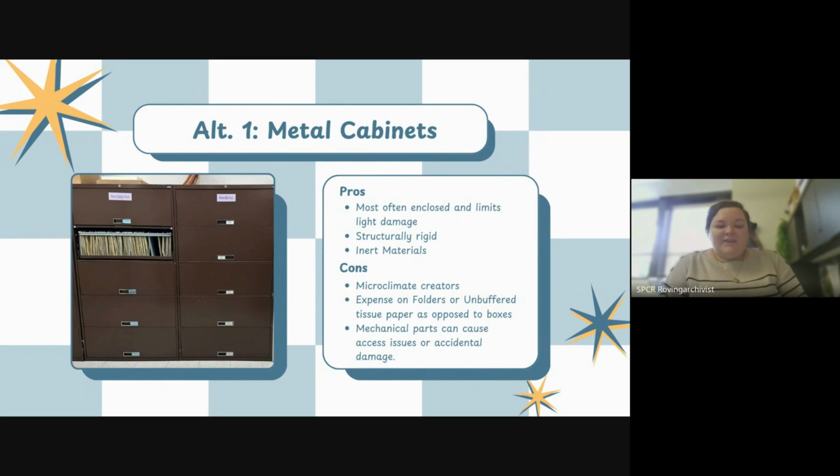And then, as with any technology, the mechanical parts of the metal containers can cause access issues or accidental damage, in that, if a drawer gets stuck, or these cabinets in particular, if you have an open drawer, you cannot access a secondary drawer.